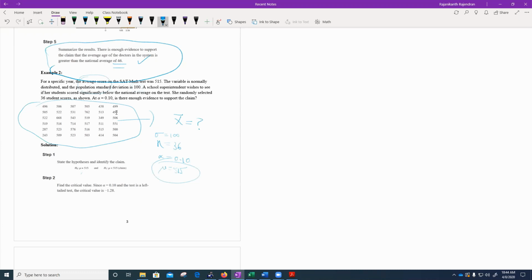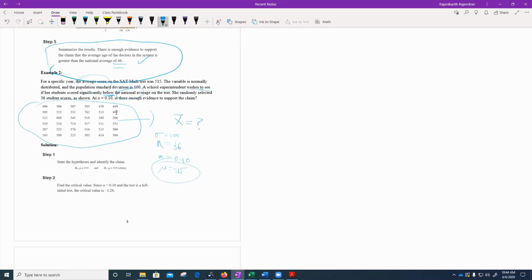This school superintendent wishes to see if her students score significantly below the national average. The national average is the overall average, that is my population average mu. So she is suspecting whether the mu is below the average, right?